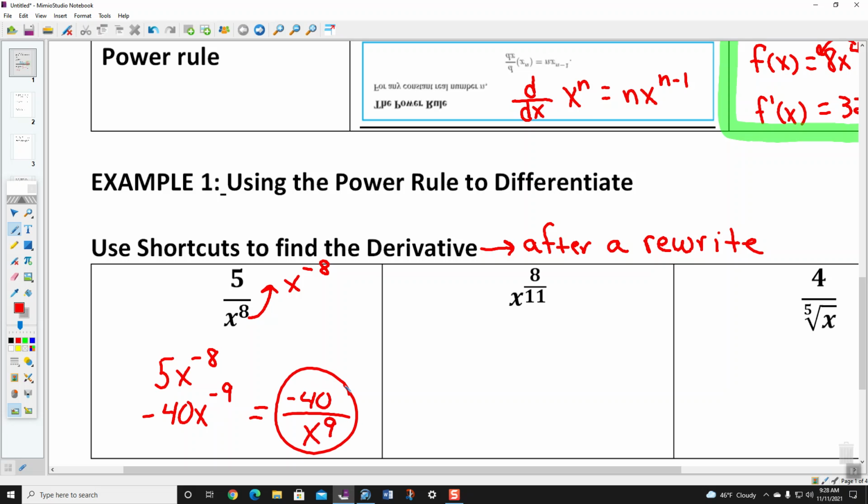All right, this next one didn't quite write as well as I wanted it to, but you guys, that's really x to the 8/11th power. So it's already written as a power for us. Help me out. Where would the 8/11ths go? Okay, so I'm going to write this as 8/11ths x out front.